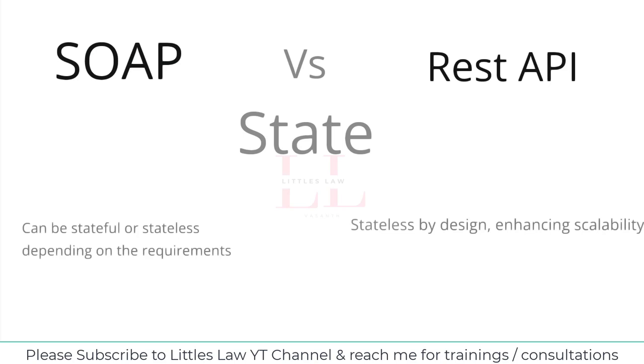Stateful SOAP services can handle complex operations more easily but are harder to scale because the server must store the session information. Because when you want to scale up, you need to have that particular session information. If it is not there, you cannot scale up.